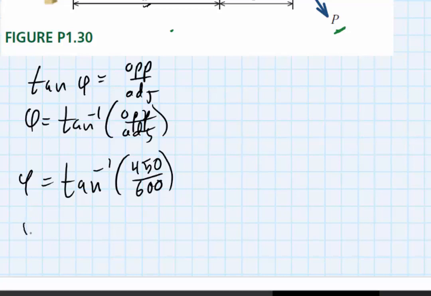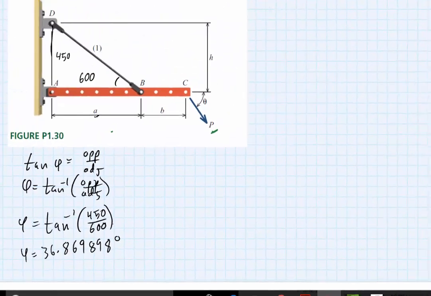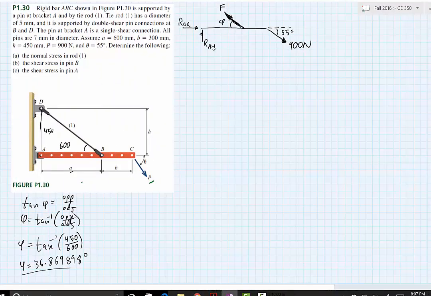I get a degree measurement of 36.869898 degrees. So this angle measurement here is going to be up here for phi.